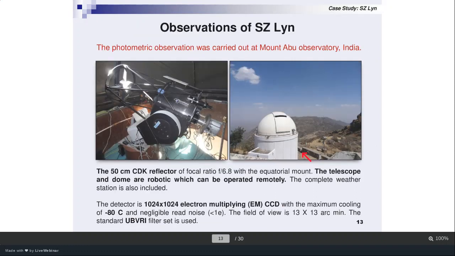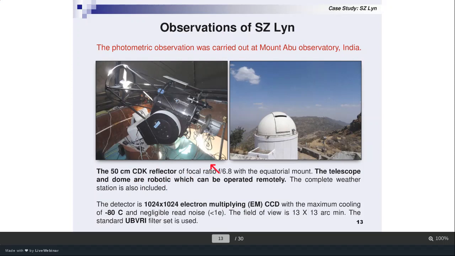So here I did my observation of this particular star called SZ Lyn, that is a delta Scuti type star. I did my observation using Mount Abu Observatory in India. So let me thank the facility from India. I used this telescope at Mount Abu Observatory, a 50 centimeter CDK telescope.